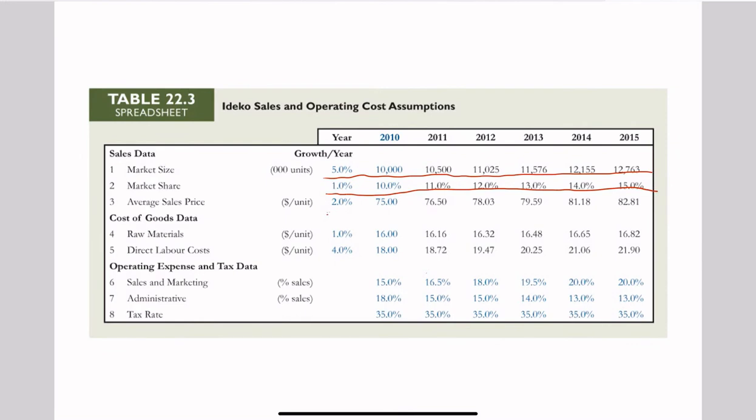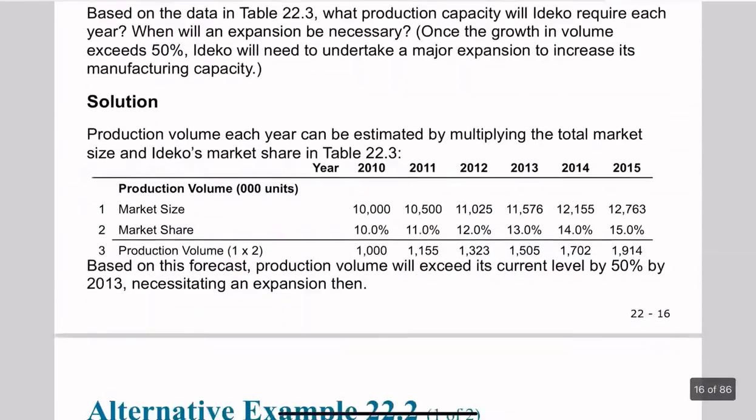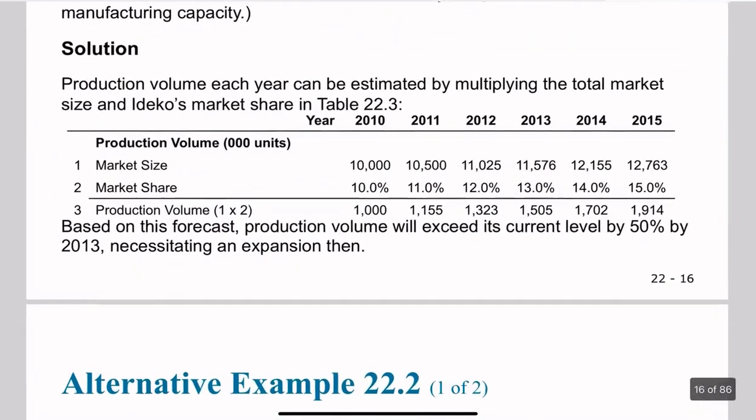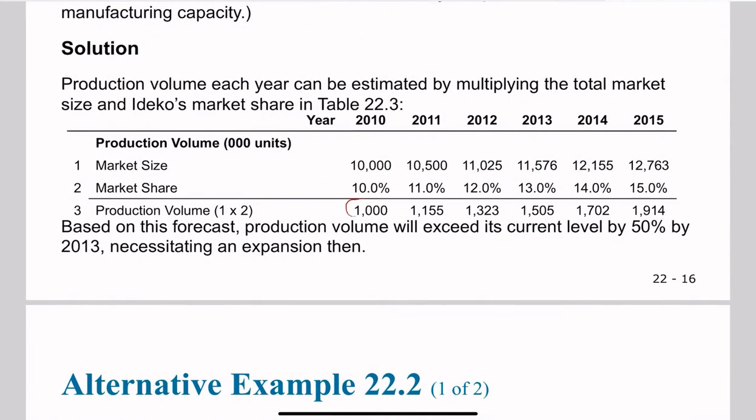For example, in 2010, the sales would be 10,000 times the market share, 10%. So it's 1,000 units. So you can see that for 2010, we get this number. And for the other 5 years, we could do the same, and then we will get all these numbers.